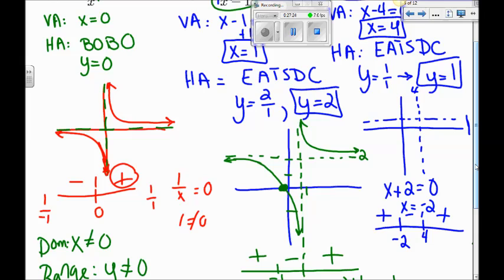So we've got our zero at -2. Our function is going to be positive and hugging the horizontal asymptote, and then it's going to go negative and hug our vertical asymptote. Then it's going to be positive, hugging both asymptotes.